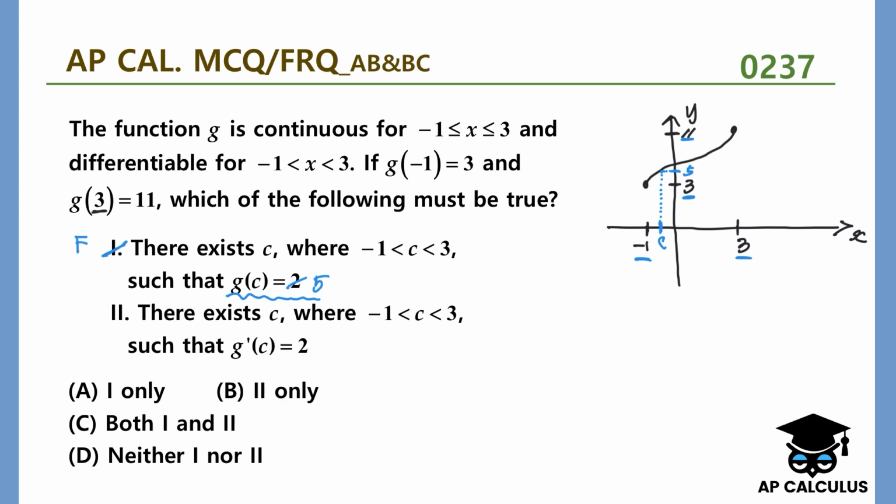Now let's look at part 2. There exists c where c is between -1 and 3 such that g prime of c is equal to 2. Well, this statement has to do with the mean value theorem, right?